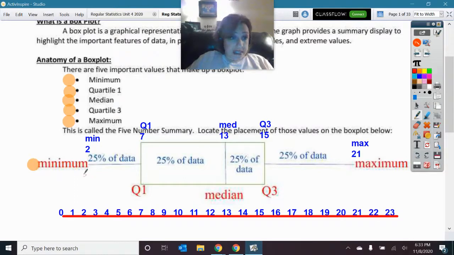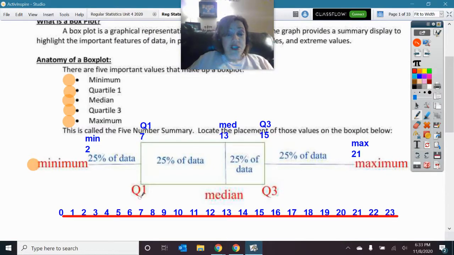So first of all, you can see that I have a number line down here at the bottom. I went ahead and I wrote that in. And so because your box plot is always drawn to scale. So here we have this minimum, which is at the 2, and then we have this Q1, which was at 7. So those 25 pieces of data had a span of 5.